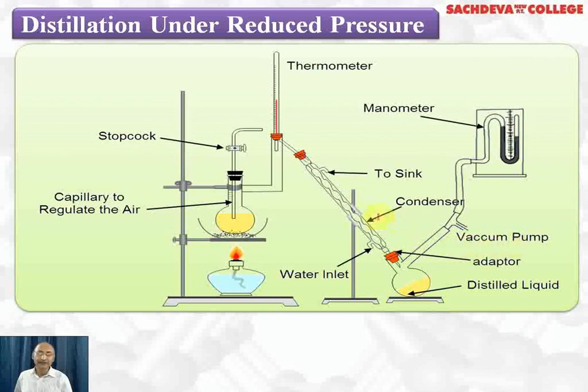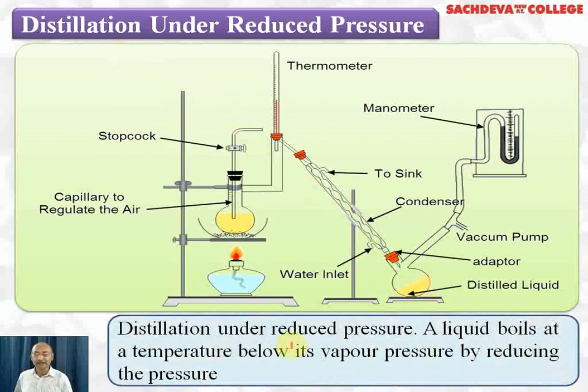How much pressure is to be reduced depends upon the boiling point of this liquid. The normal boiling point needs to be reduced with the help of the vacuum pump, which will reduce the pressure, and its boiling point will be reduced. For example, the glycerol boiling point will be reduced and we will be able to collect pure glycerol at a lower temperature without it getting decomposed, with the help of distillation under reduced pressure.